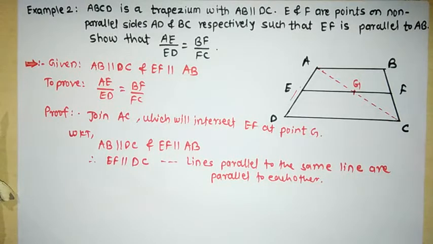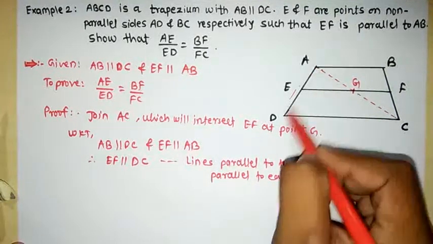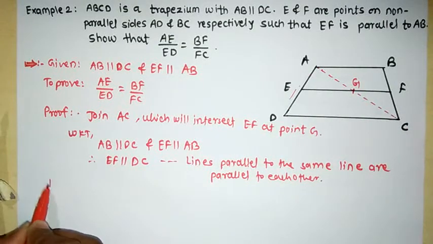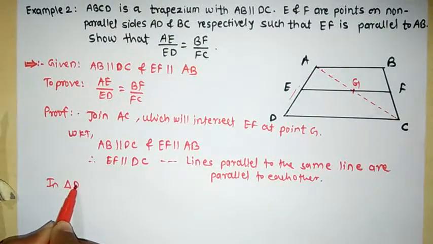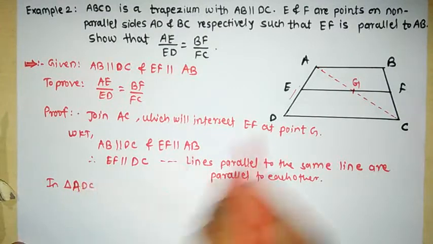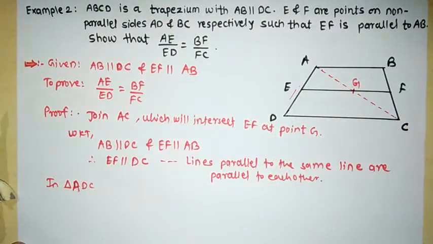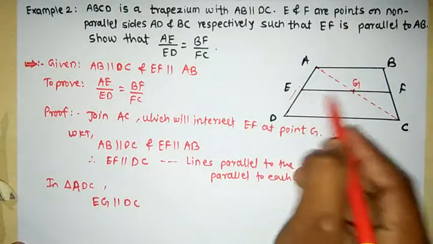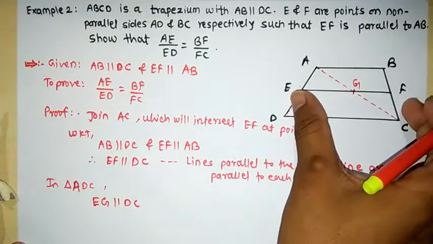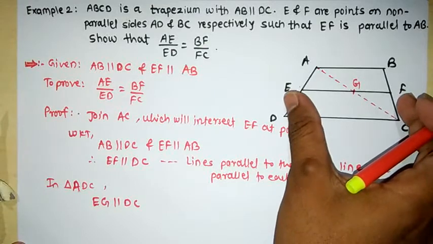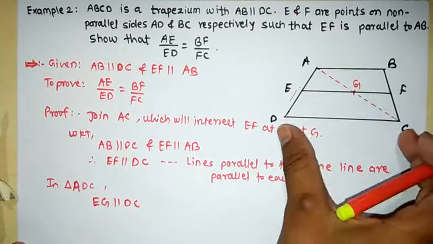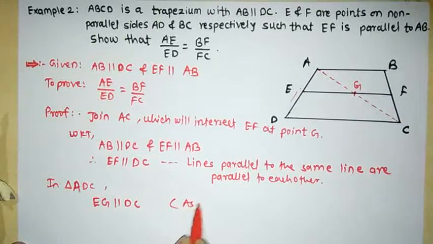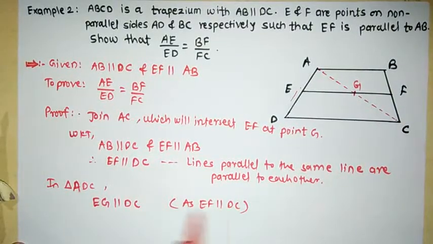Now see here, in a triangle ADC, ये वाला ट्रायंगल में, in a triangle ADC, can we write this EG parallel to DC? ये वाला EG parallel to DC because EG is a part of EF ना, EF का ही part है, but we know that EF is parallel to DC, therefore EG is parallel to DC. इसका रीजन क्या है?